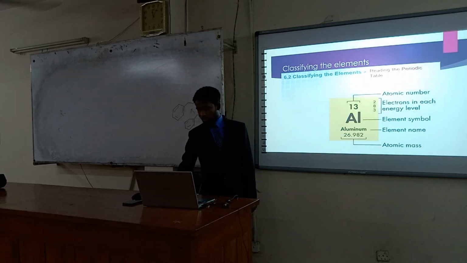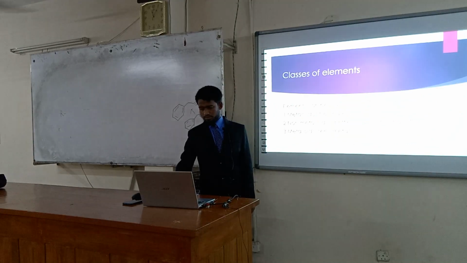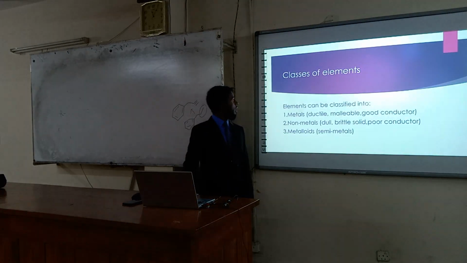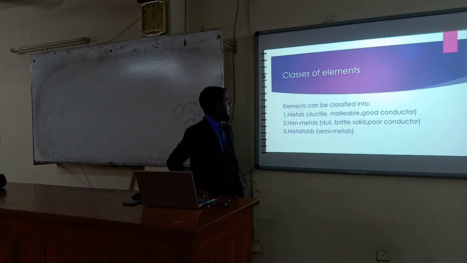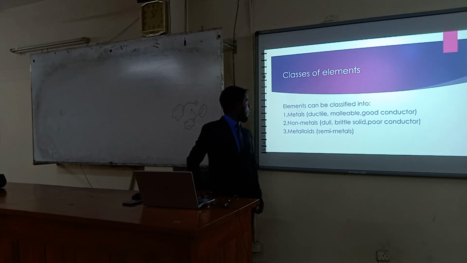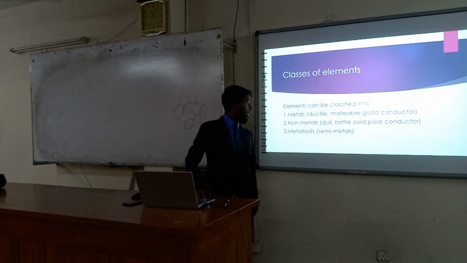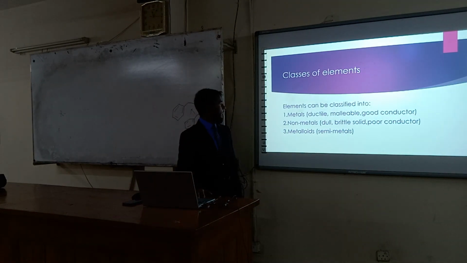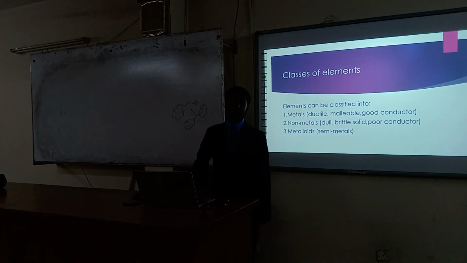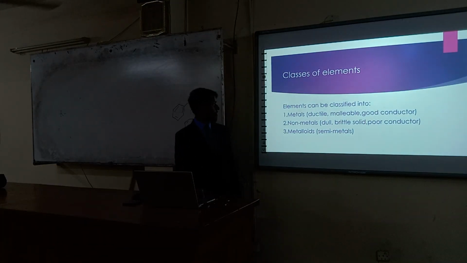Now we will go to the next slide. Now we will discuss classes of elements. The elements present in this periodic table can be classified into 3 groups. There are 3 types: metals, non-metals, and metalloids.